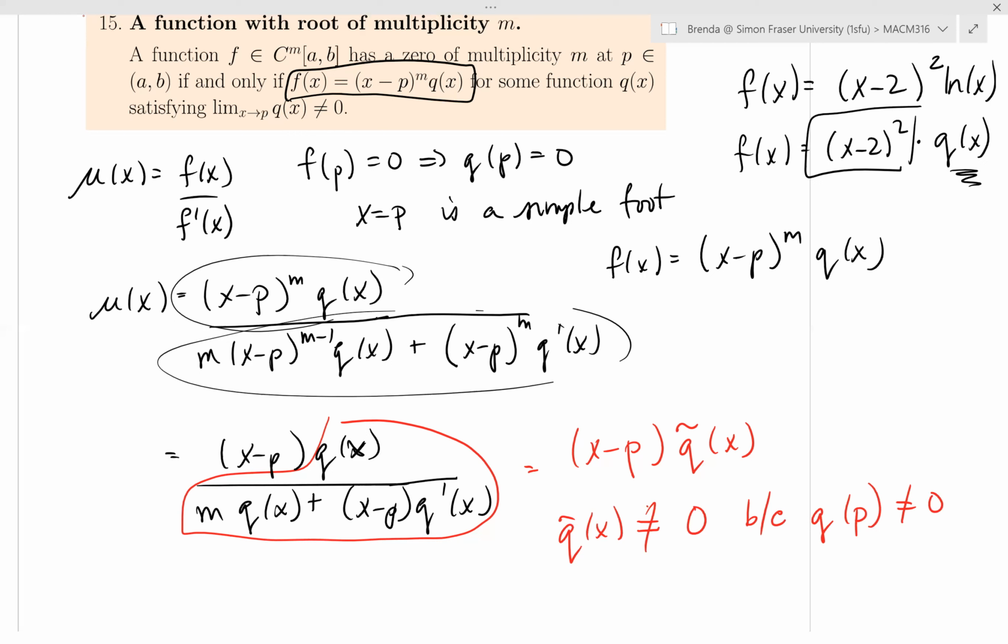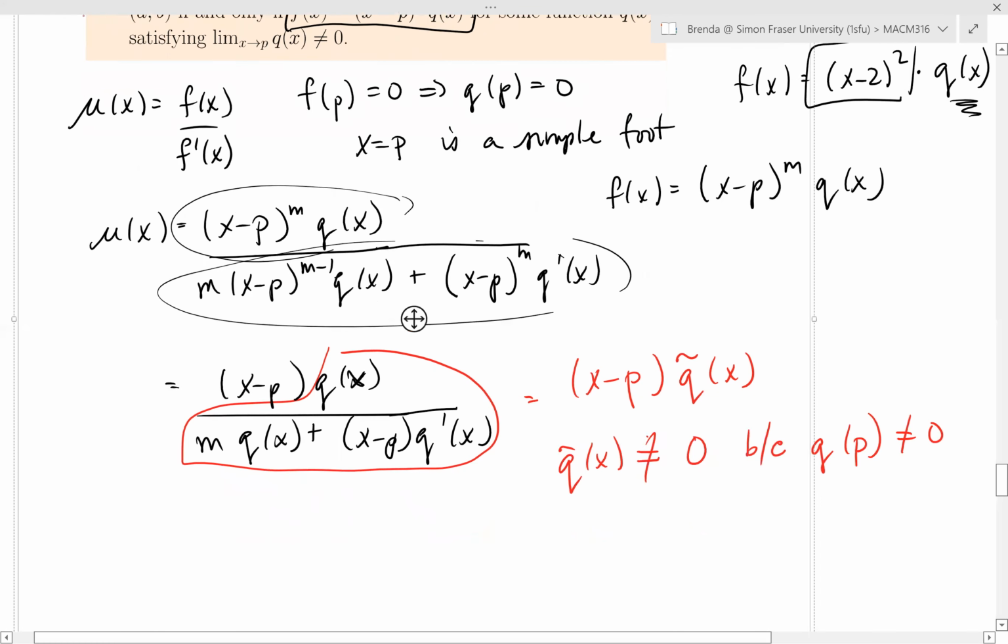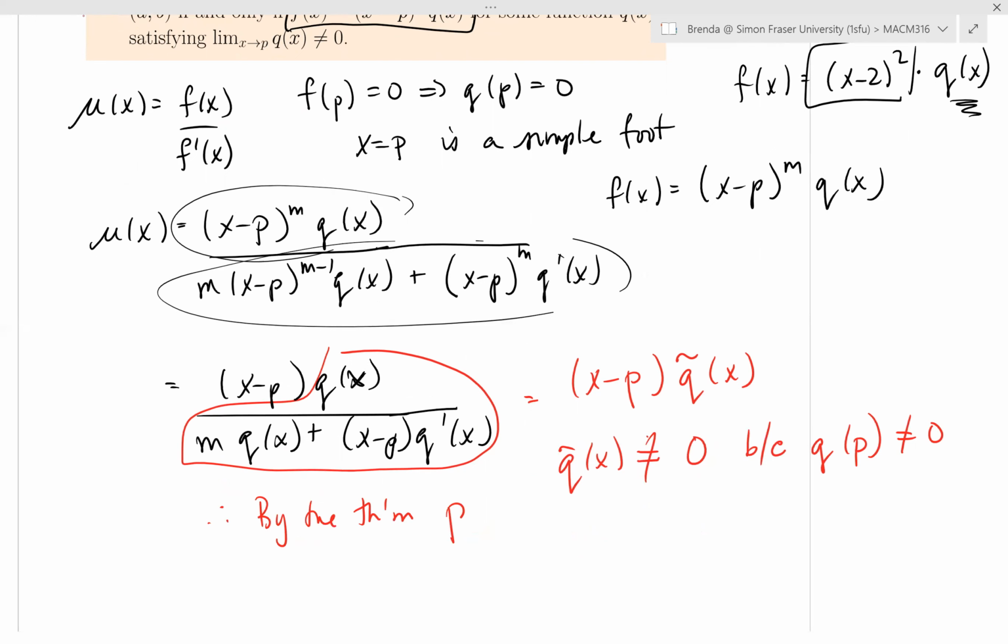Therefore, this is a simple root situation. By that theorem, p is a simple root of mu. That is because I have factored out x minus p, and the other part does not have a zero, so it is a simple root. That's the theorem that identifies a simple root.